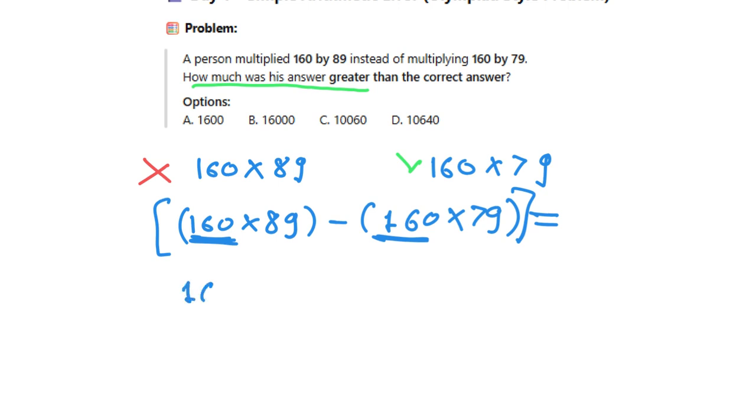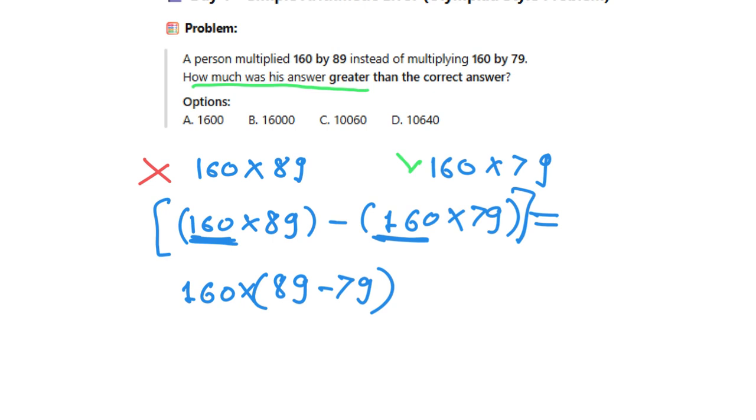So inside it is 89 minus 79, because this is nothing but 160 multiplied by 89 minus 160 multiplied by 79.